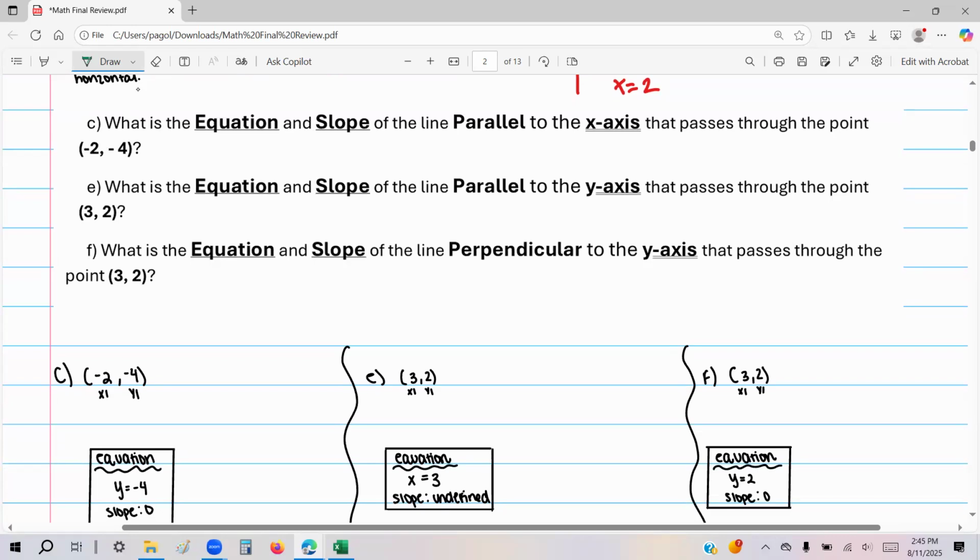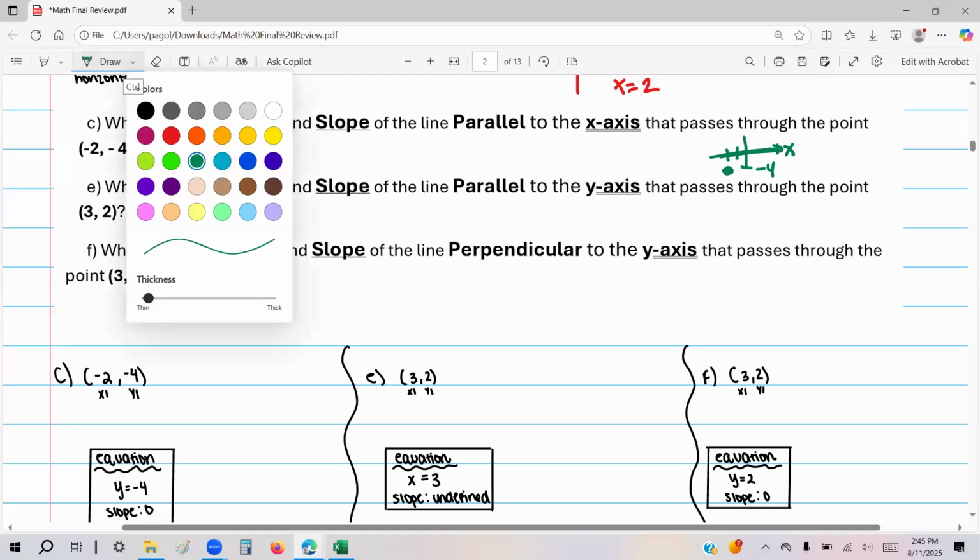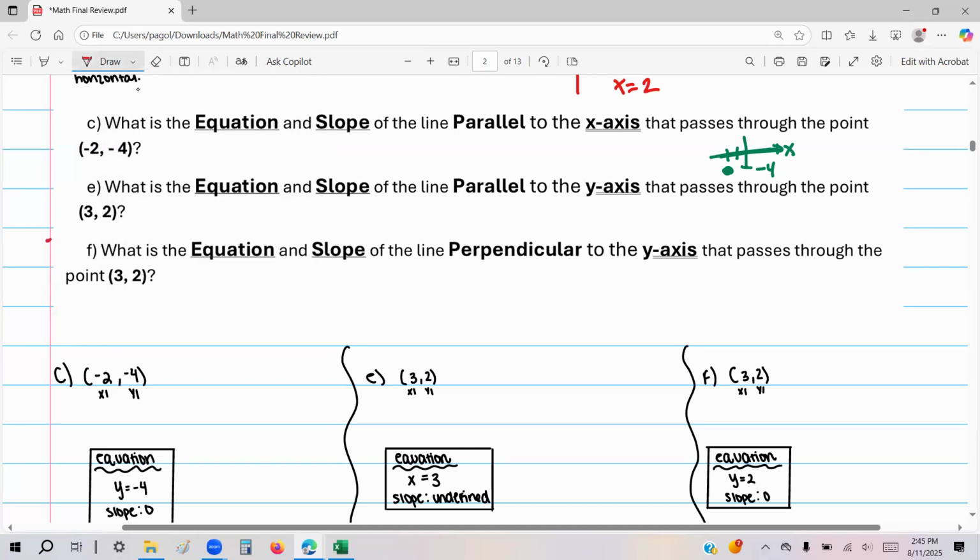The next one, slope of the line parallel to the x-axis. So we have the x-axis here. And the point is (-2, -4) here. So what type of line is parallel to the x-axis? Another horizontal line. So you draw the horizontal line here.